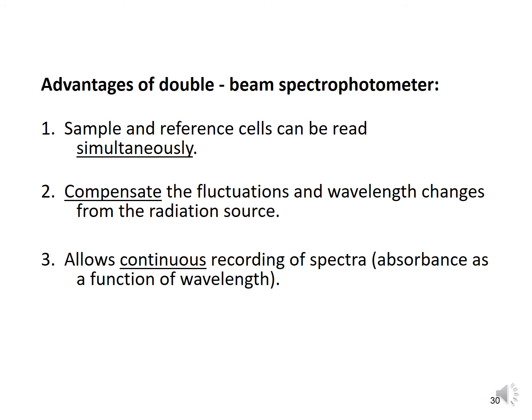Number two is that it compensates for fluctuation and wavelength changes from the radiation source. It can reduce the fluctuation and wavelength changes if you run your sample and reference cell at the same time. Next, it allows continuous recording of spectra. This is another good advantage, that you can record the continuous spectra if you use the double beam spectrophotometer.